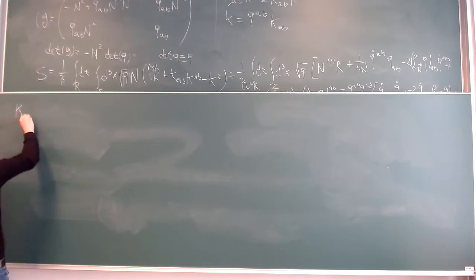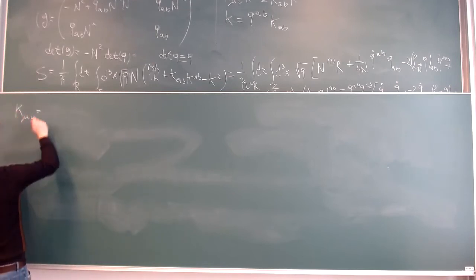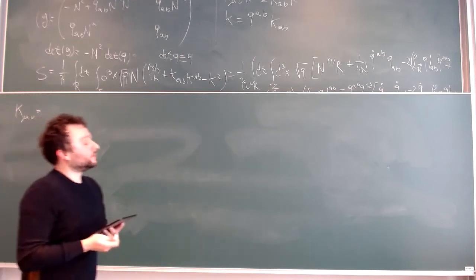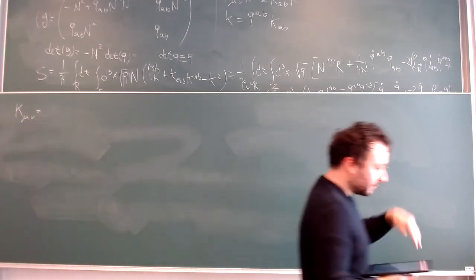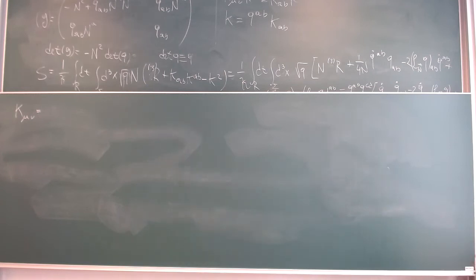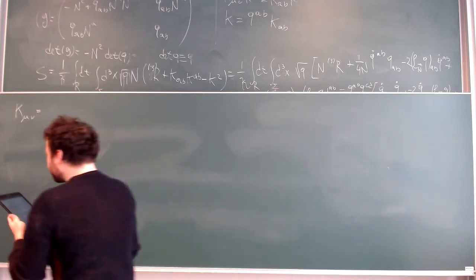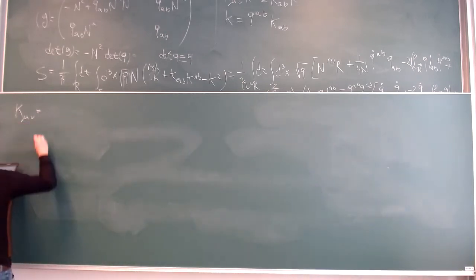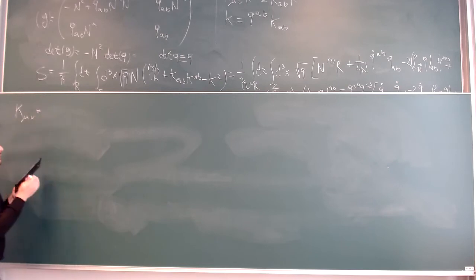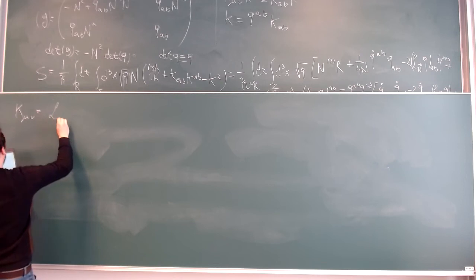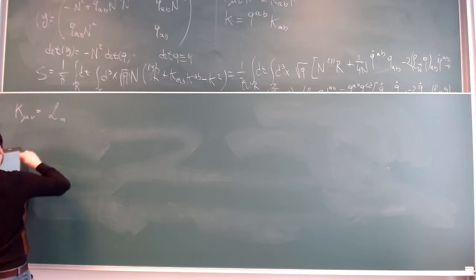Suppose that we have Q_mu_nu. Remember that we had the definition of Q_mu_nu, the covariant derivative of the normal vector, and so if we symmetrize, we get the derivative of the metric.